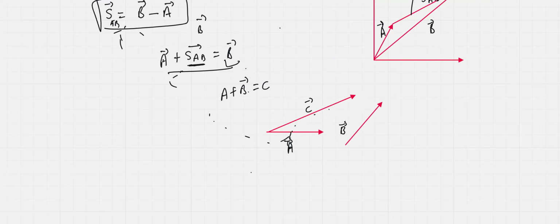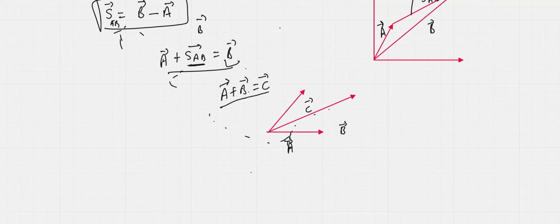The reason is, what is the magnitude? Did I change the magnitude of B? No. Did I change the direction of B? No. So should this equation need to be changed? No. B is still the same, A is still the same, C should still be the same. So even if I keep this like this, it won't make any difference.